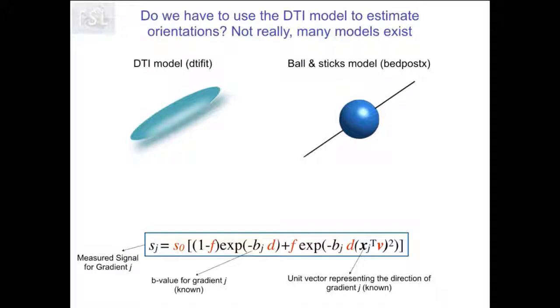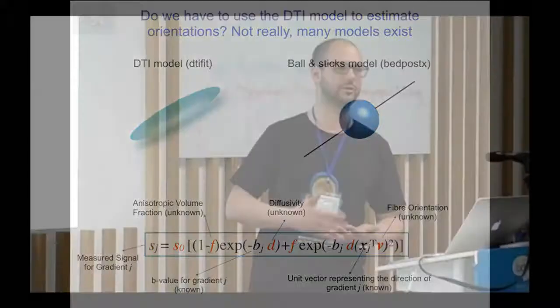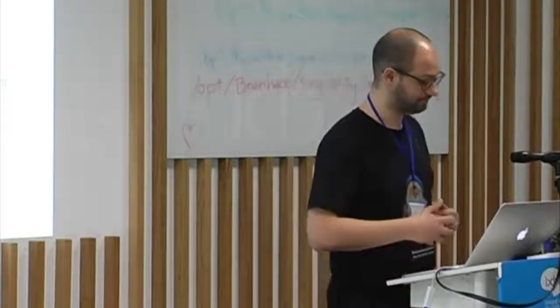And we weight these things by f, which is the so-called anisotropic volume fraction. Basically it measures how much of the signal is explained by the anisotropic compartment in comparison to the isotropic compartment, right? So is the signal in that voxel mostly dominated by free water, or is it mostly dominated by anisotropic behavior of water molecules?